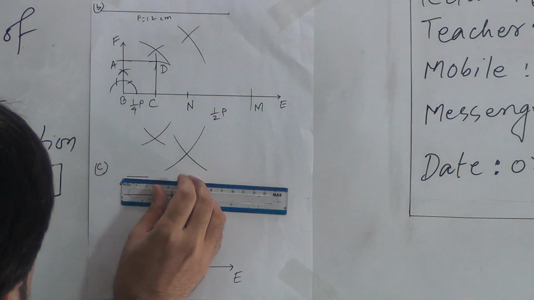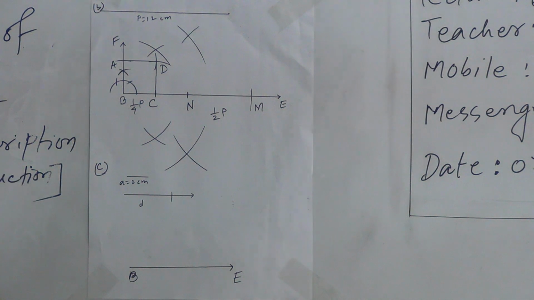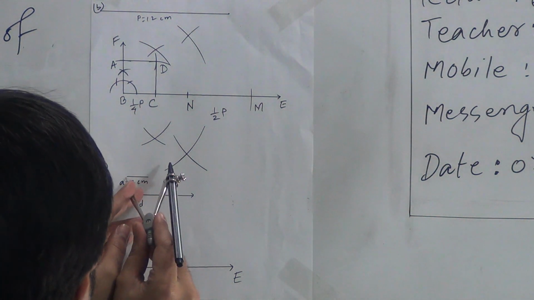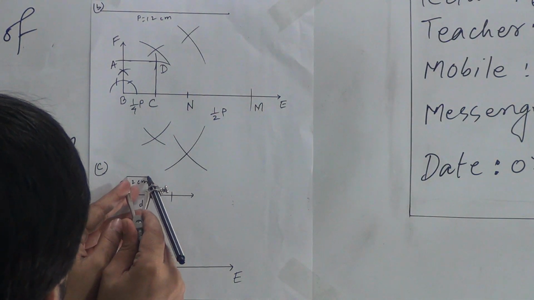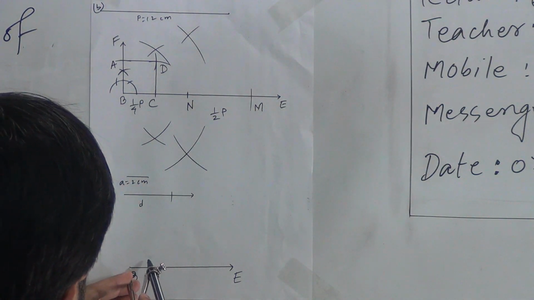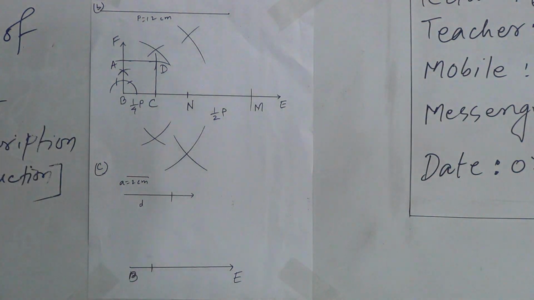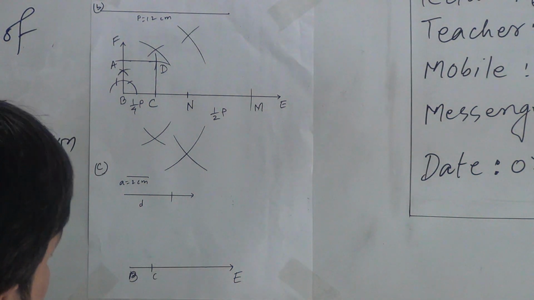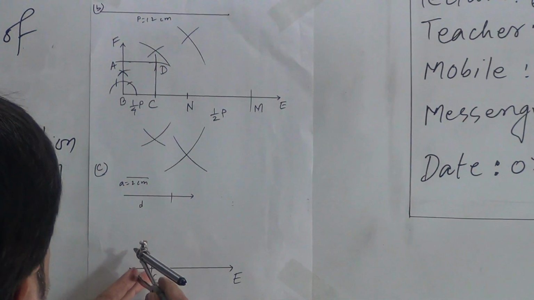From 0 to 2. Yes, this is 2 centimeter I have taken. This is one side. Then I have to draw a right angle, or I have to draw a perpendicular at B. Suppose this is C.